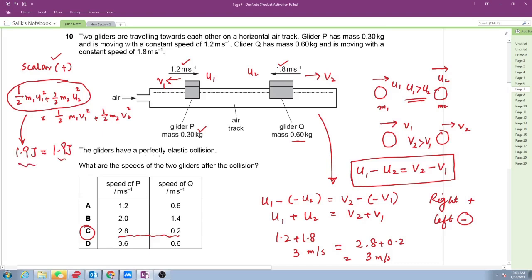This is because it is a perfectly elastic collision, so kinetic energy before equals kinetic energy after collision. It's up to you whether you use method 2 or method 1. Both methods are fine for this.